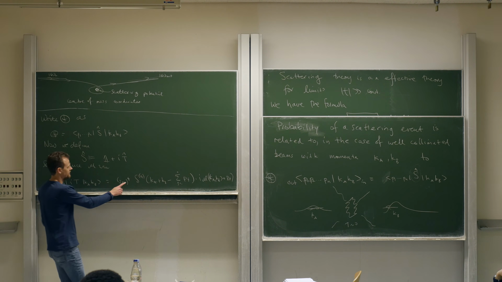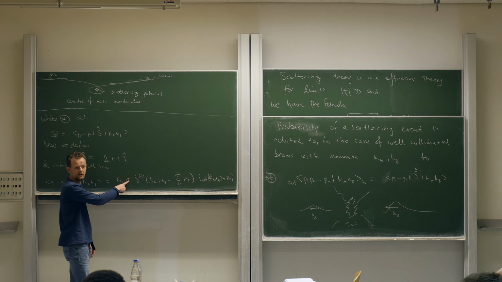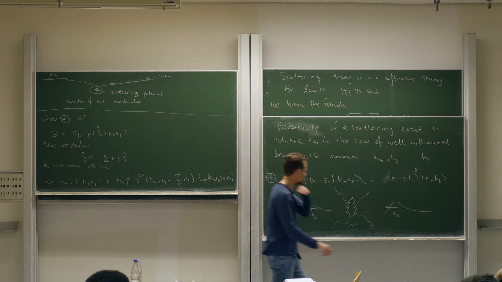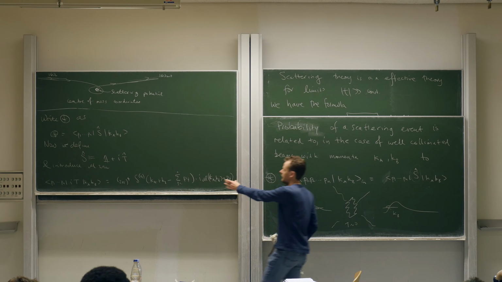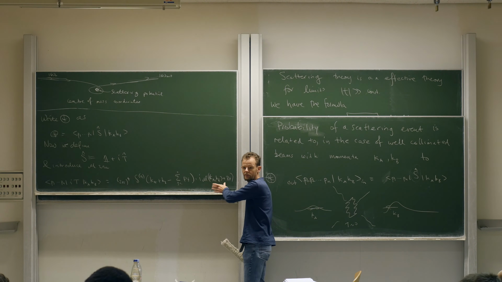And I think last semester I used a 2 pi to the 2. Here we're going to normalize things with a 4. So M is the non-trivial stuff that collects the actual scattering process.